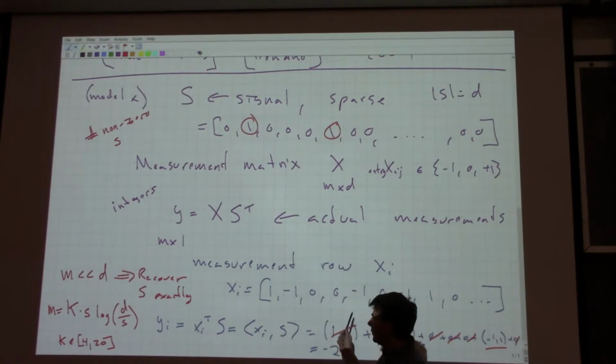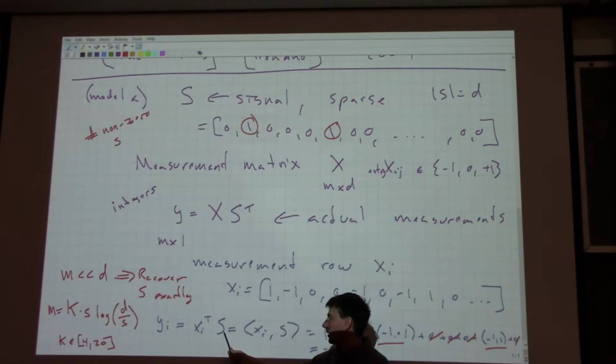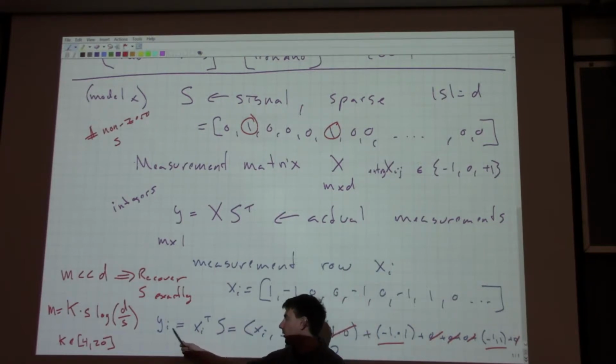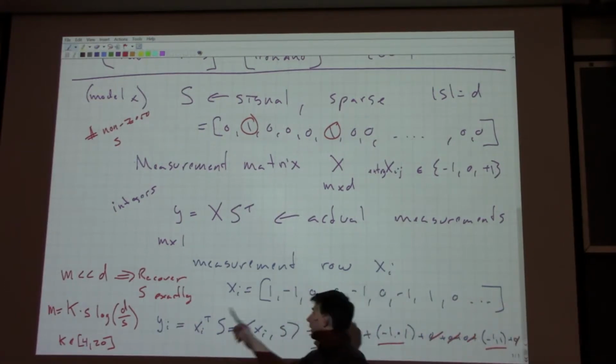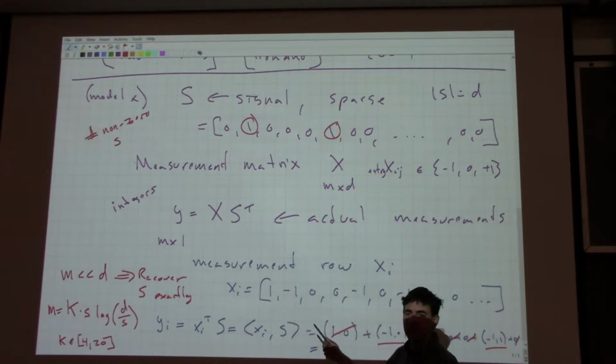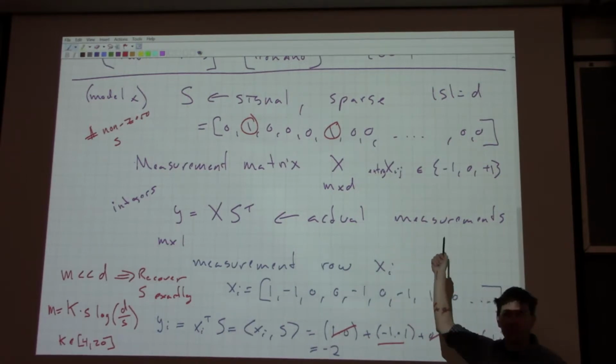And for each of those rows we're going to take a dot product with the signal, and we're going to get out this measurement value. Right? In this example, we'll say -2 here. And then from these measurements, and from knowing the measurement matrix, I'm going to be able to recover the signal exactly, even if the number of measurements is far less than the number of actual locations of the bits.